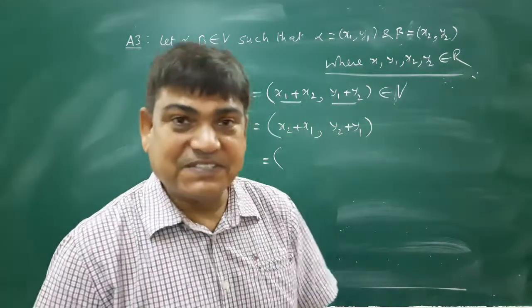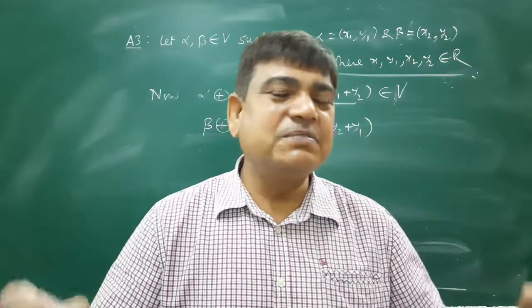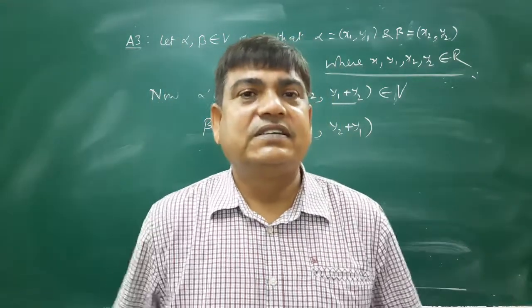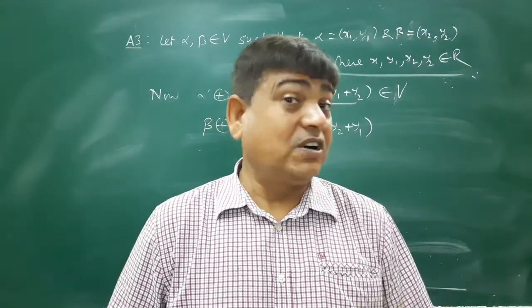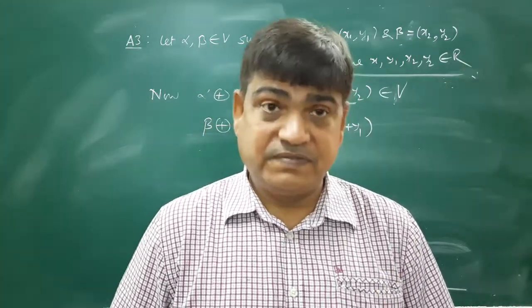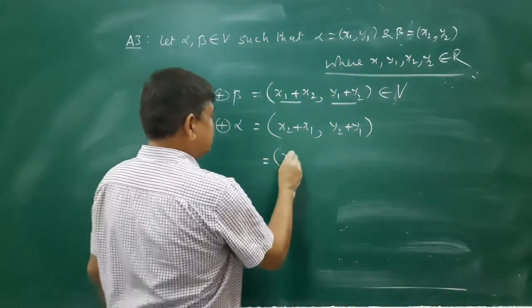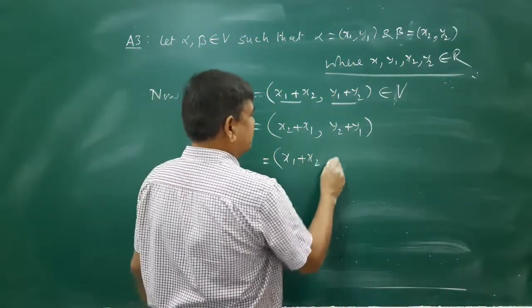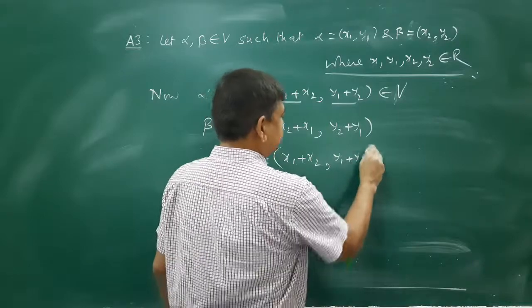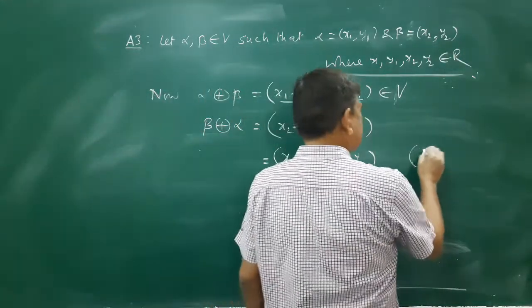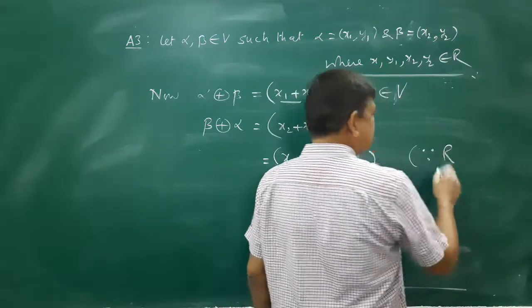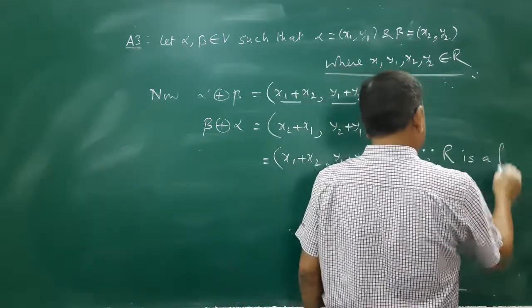The set of real numbers itself is a field. So ordinary plus is commutative. Ordinary multiplication is also commutative. So this I can write as x1 plus x2, y1 plus y2, since R is a field.